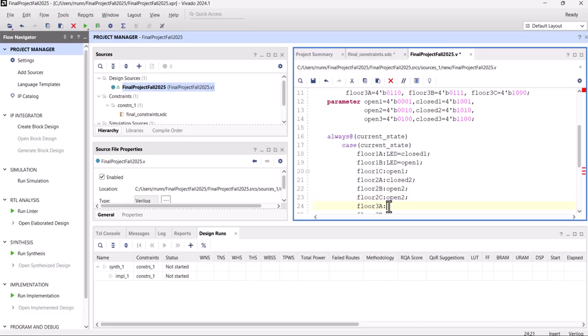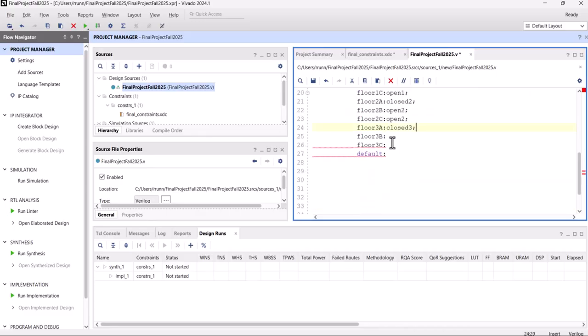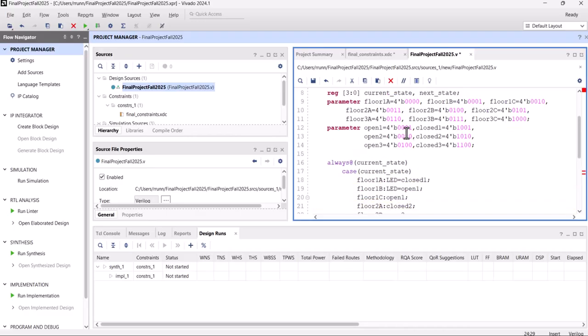So this is a Moore machine. If I am in this state, then my outputs would be equivalent to closed 3, and closed 3 gave me this output 1100. So LED 10 is lit and LED 9 is lit, and 7 and 8 are not lit.